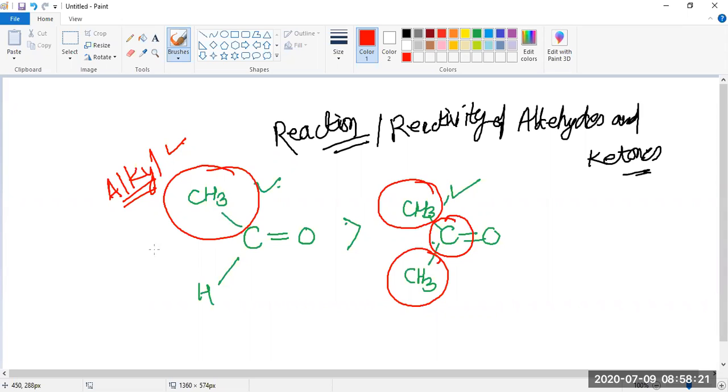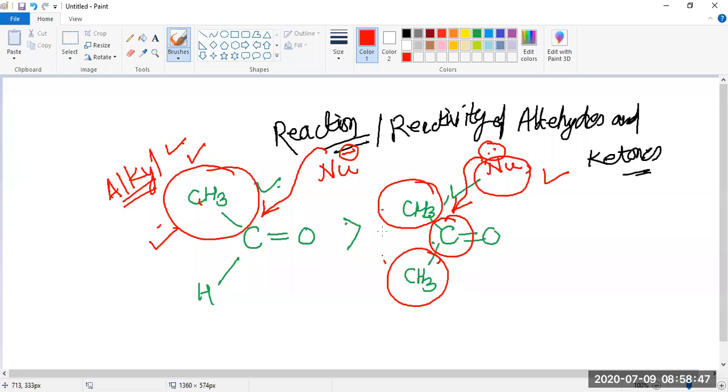So less crowding means the nucleophilic attack on this carbon will be very easy, because only one alkyl group is present. In the ketone case, two alkyl groups are present, so the attack of the nucleophile becomes difficult, because there are two bulky groups around the carbonyl carbon.